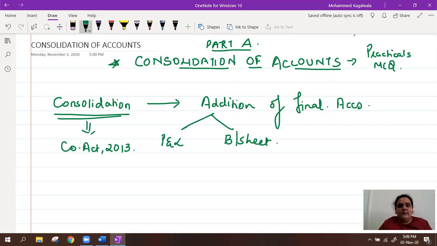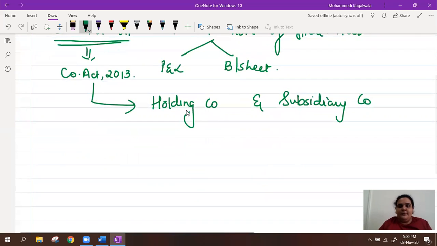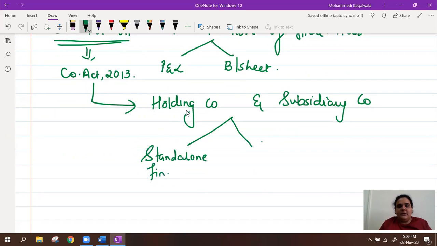Now, which type of companies would have to prepare a consolidated balance sheet as per Companies Act 2013? The best example is holding company, holding and subsidiary. They have to prepare their standalone statements. Both holding and subsidiary company have to prepare their standalone financial statements.